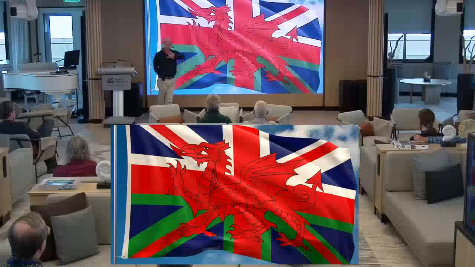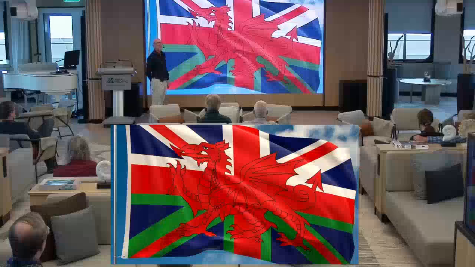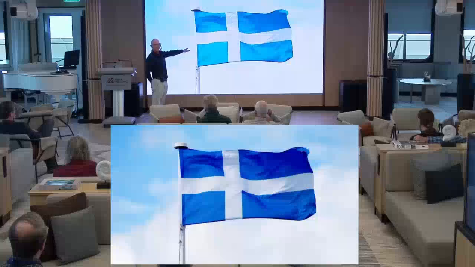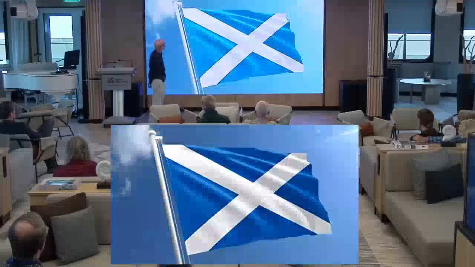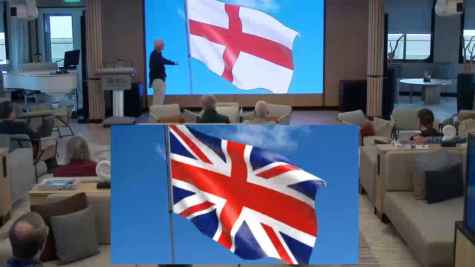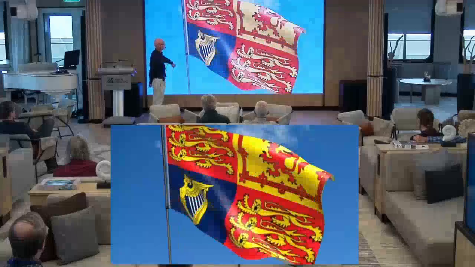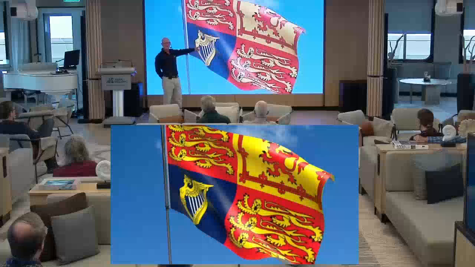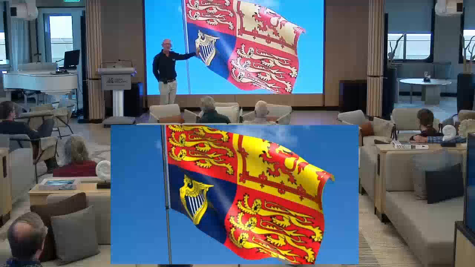So, as long as you got all that in your head before you land on the shores of Edinburgh, you'll be okay. So this, we said, was Shetland. That, we said, was Scotland. England, and what's that? The Royal Standard. So that you'll find flying over, right, only if the monarch is in.